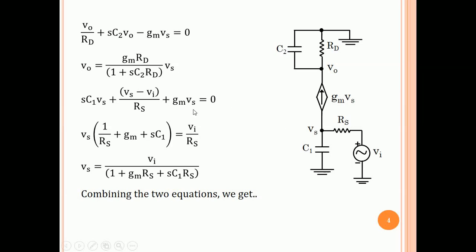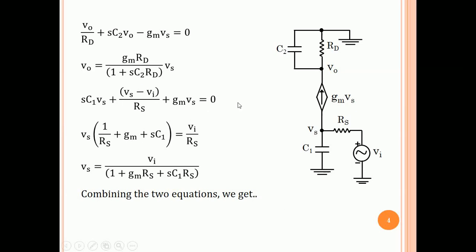And at Vs, we get another equation, SC1 Vs plus Vs minus Vi by Rs plus GMVS equal to 0. This equation has only Vs and Vi, there is no Vo. The reason this has happened is because there is no RO. Because there is no RO, there is no Vo term in the nodal equation at Vs. So these equations are simpler.